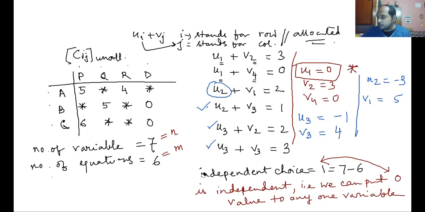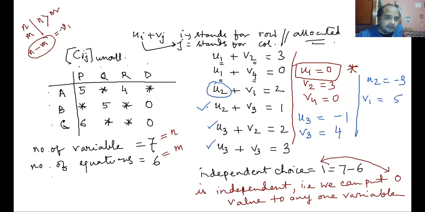So the theorem goes like this: if the number of variables is n and the number of equations is m, and if n is greater than m, so n minus m, count it, find this value n minus m, and that amount, say we can name it as v1.